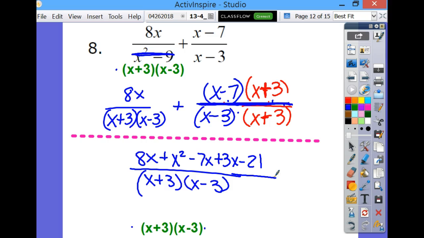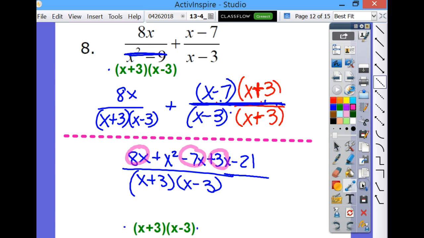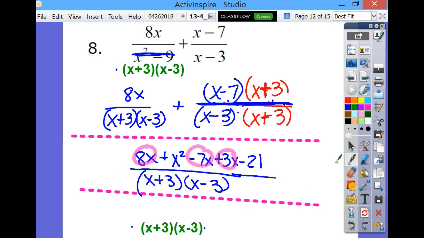And so when you multiply it out, actually, on the scratch paper, I wrote it down correctly. And so here I need to combine like terms. So I have an x squared, that's going to be 1, plus 4x minus 21.